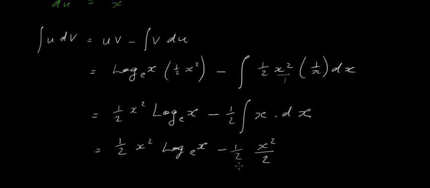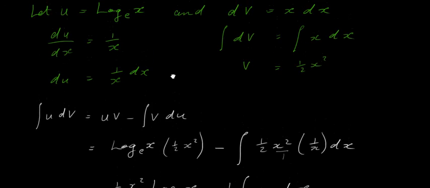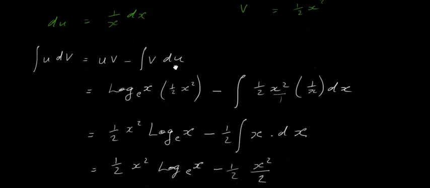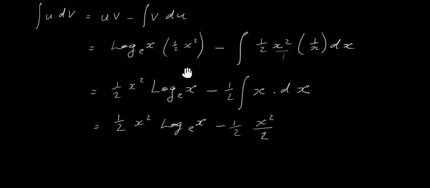Now what I'm going to do is just put in the limits here. Initially our limits were e and 1, so I've got to put in these limits now. I'm kind of running out of room here, but we'll try and squeeze it in at the end.